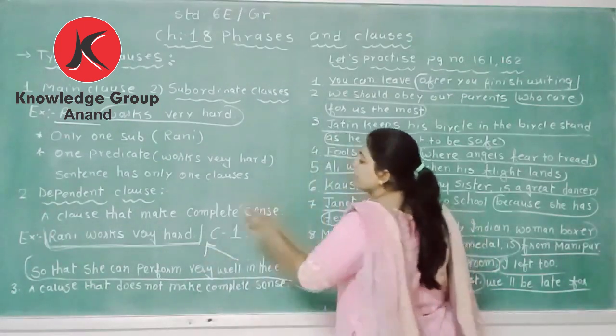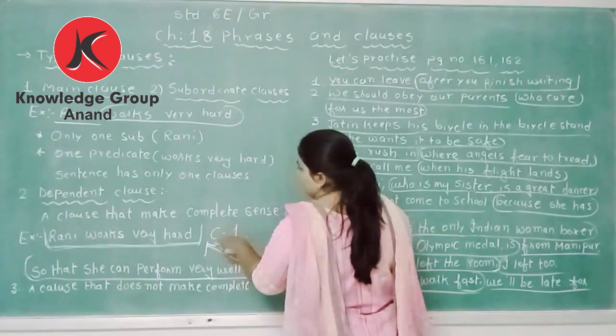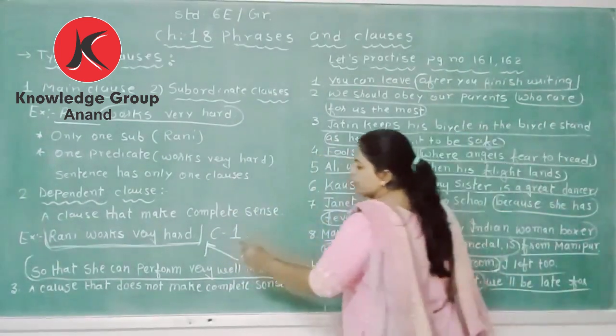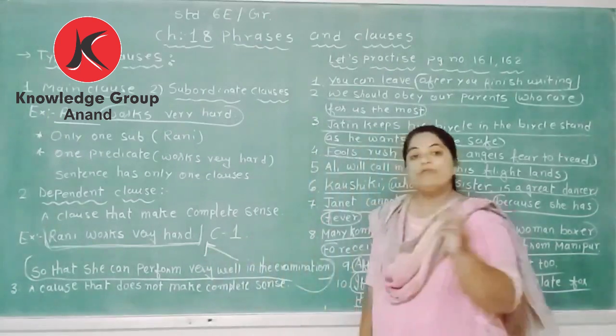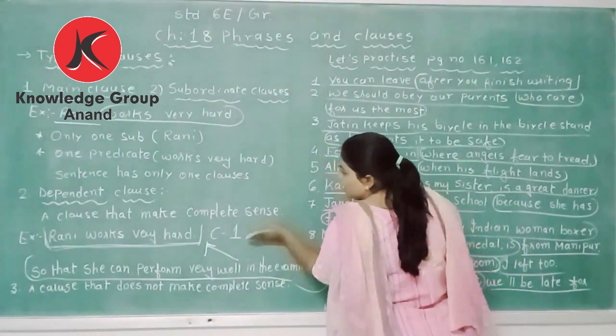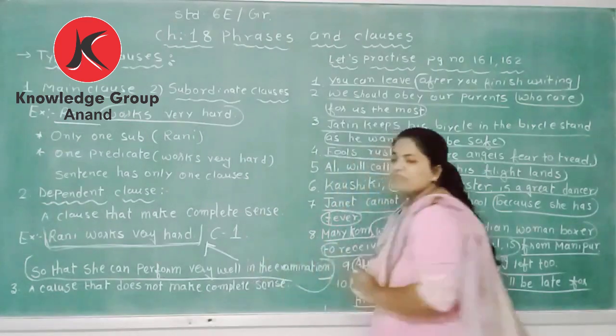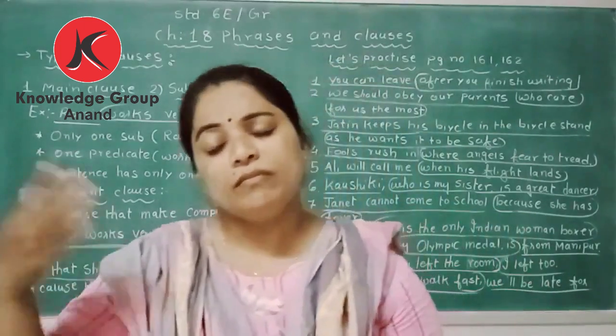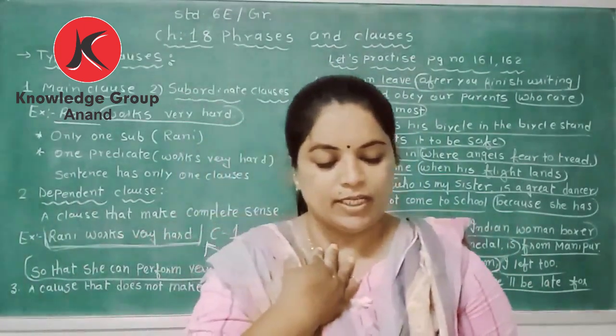What is the main clause? Rani works very hard. For what is she working hard? So that she can perform very well in the exam. That's why this is a main clause and this is a dependent clause, because it depends on clause number 1 in the sentence.